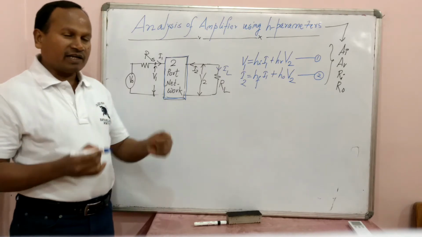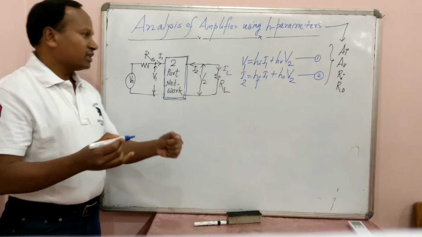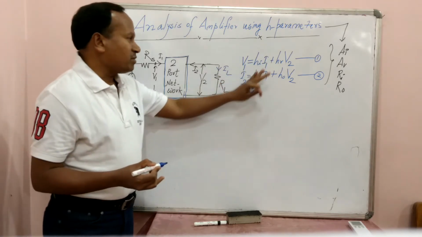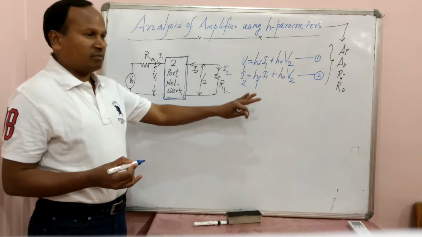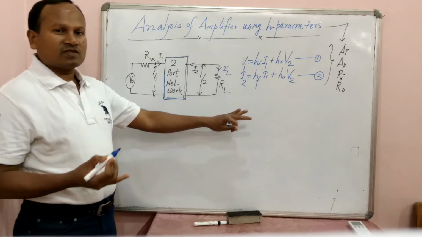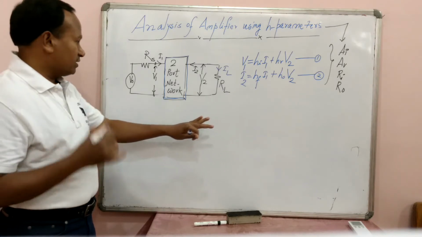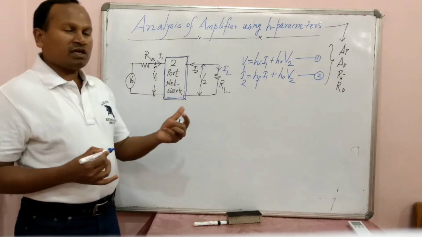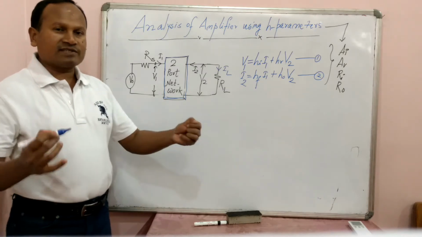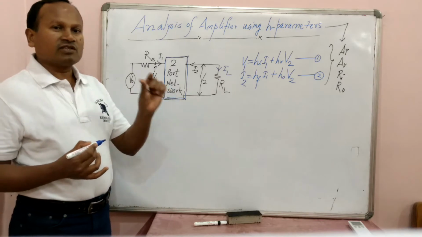So we are trying to make a general analysis of a two-port network, and these hybrid parameters will be replaced by the hybrid parameters of the transistor amplifier, and accordingly that analysis will become the analysis for the respective transistor amplifier. Whenever we bring any device into application, we always connect that device with a certain source.